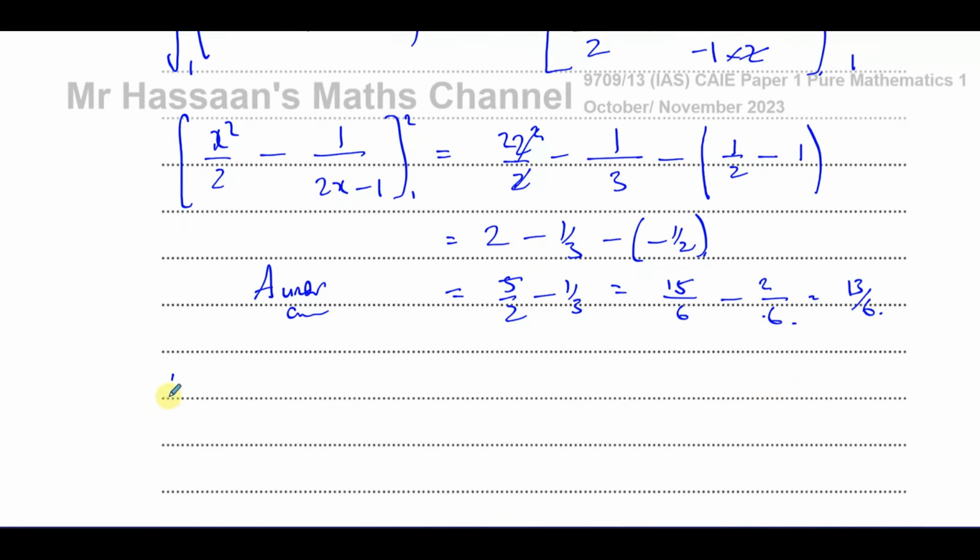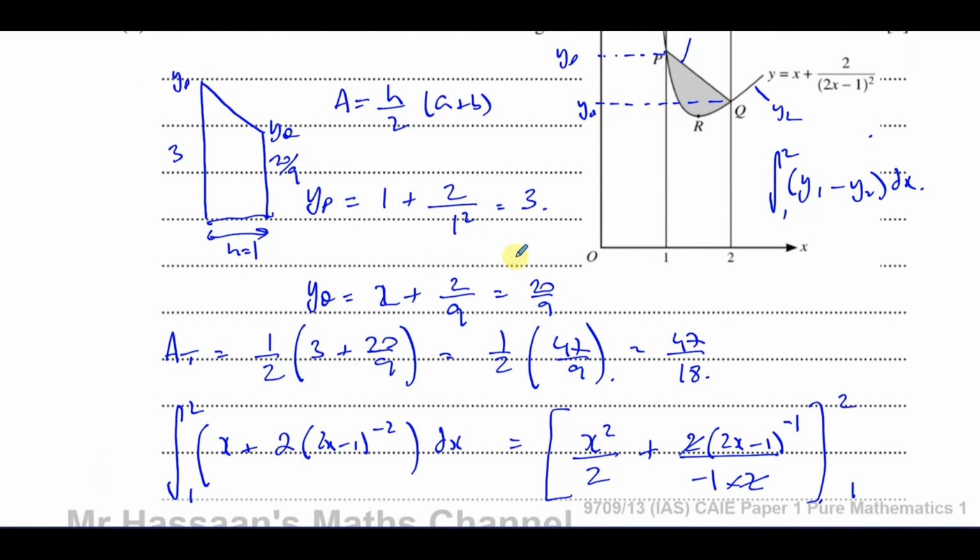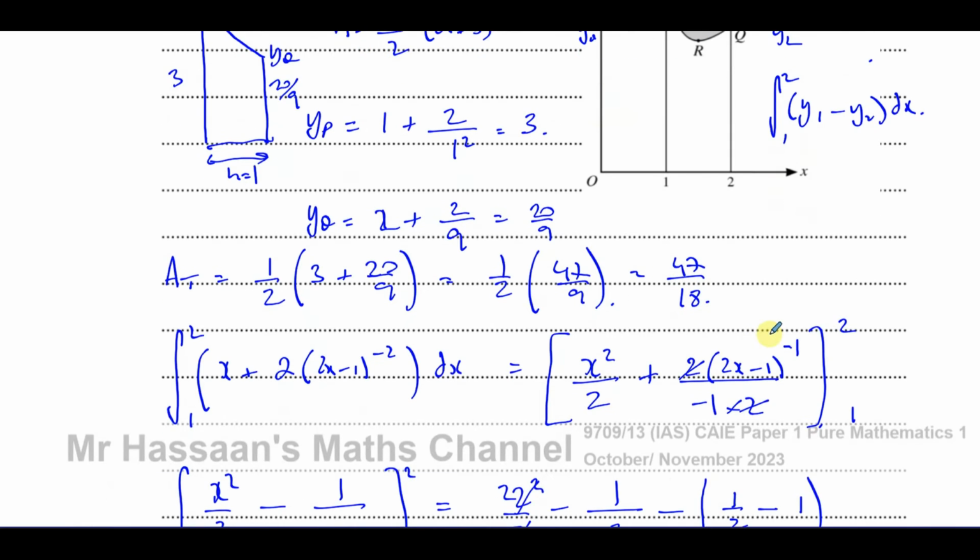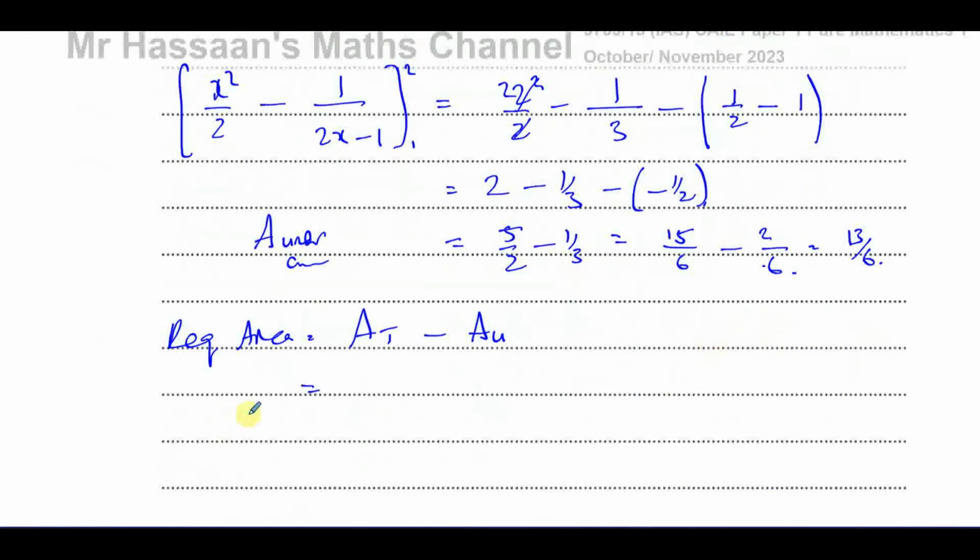So the required area is going to be the area of the trapezium minus the area under the curve, which is, we found the area of the trapezium earlier as 47 over 18. Okay, so we have 47 over 18 minus the area under the curve, which is 13 over 6. We can make the denominators the same by multiplying the second fraction by 3, both top and bottom. That's 39 over 18.